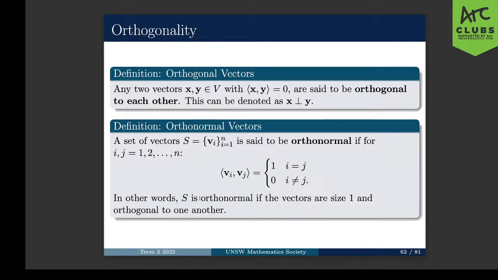So another way of saying this is S is orthonormal if the vectors are size 1, so the vector's inner product with itself is 1, and they're orthogonal to each other. So if these are different, then the inner product is 0. I mentioned size here; this is really just a norm. If you take the inner product of something with itself, then you get the norm squared.